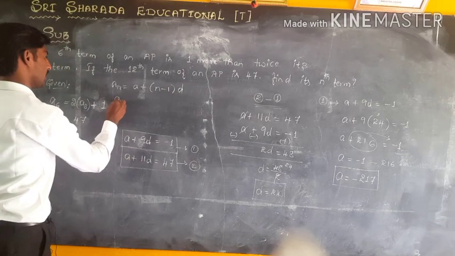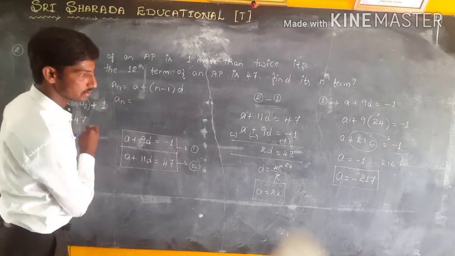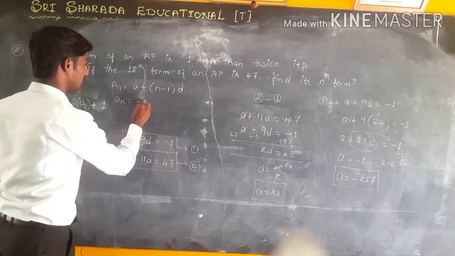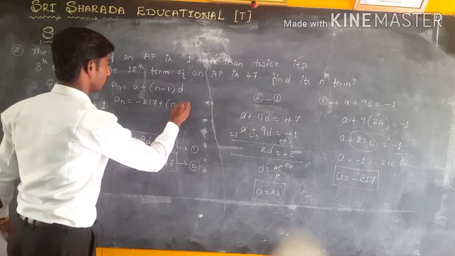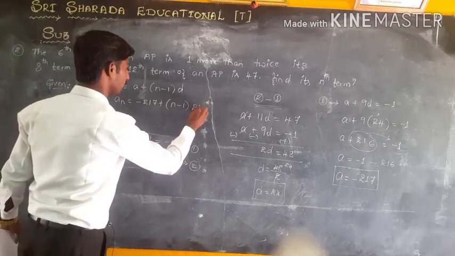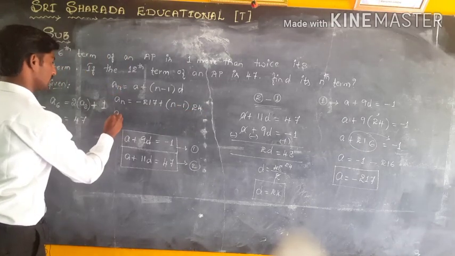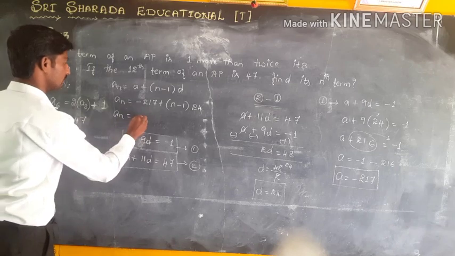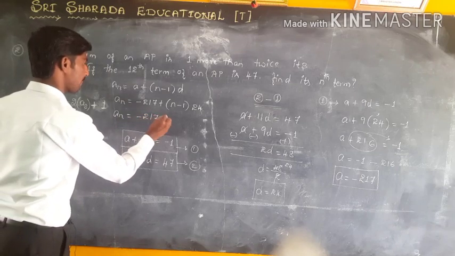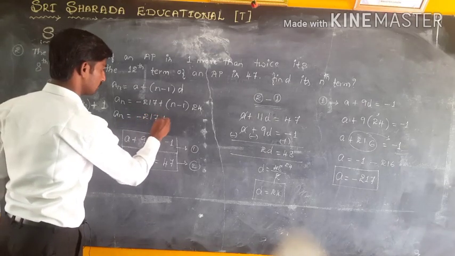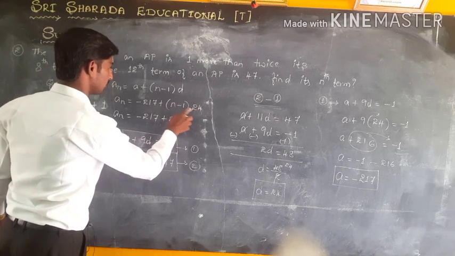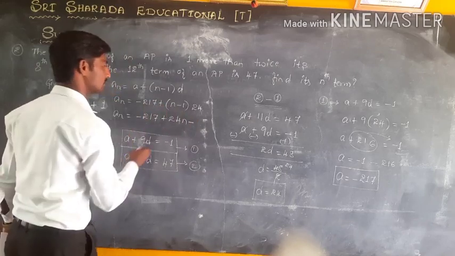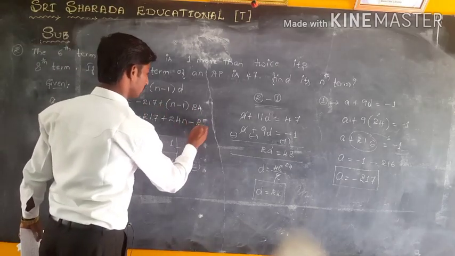So an is equal to the A value, minus 217, plus n minus 1 of the D value 24. That is an is equal to minus 217 plus 24 into n, it is 24n, plus into minus, it is minus 24 ones are 24.